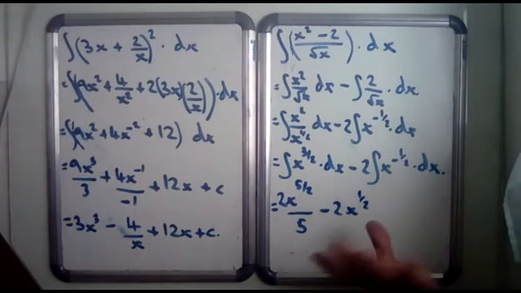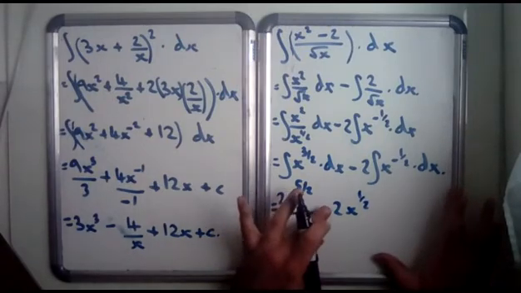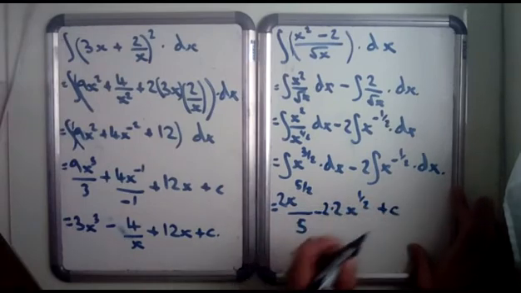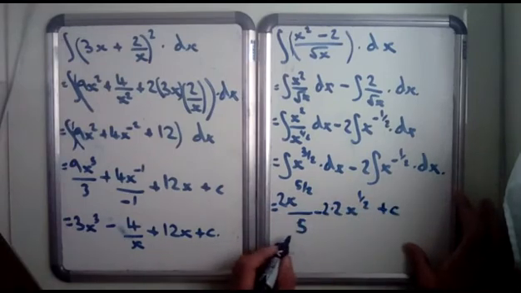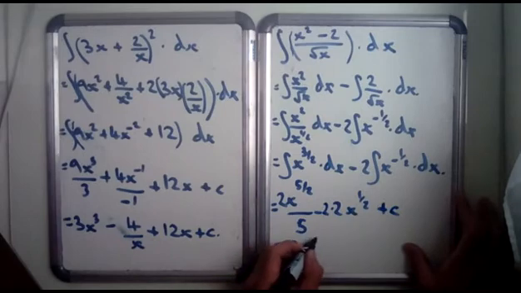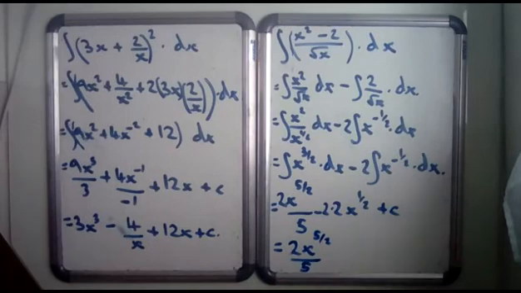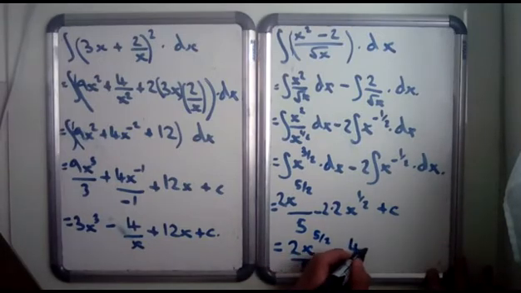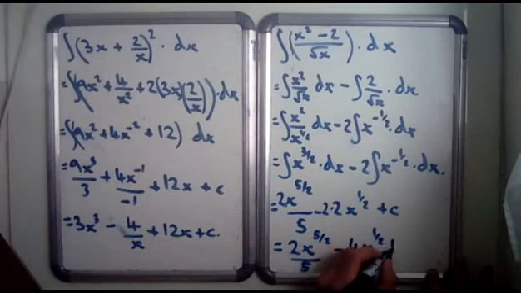Dividing by a half is the same as timesing by 2 over 1, so minus 2 times that plus the constant of integration. So you end up with 2 over 5 x to the 5 over 2, minus 4x to the half plus c.